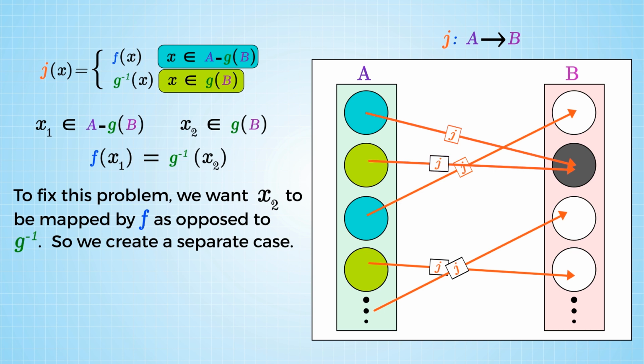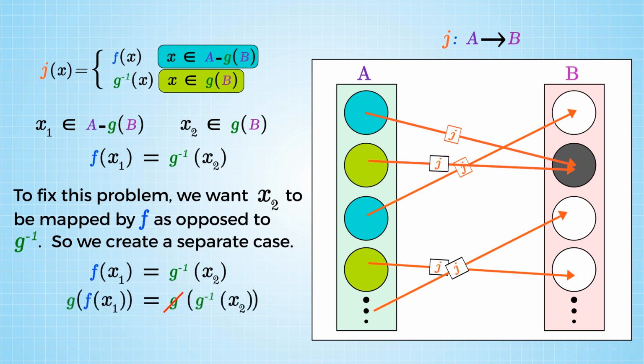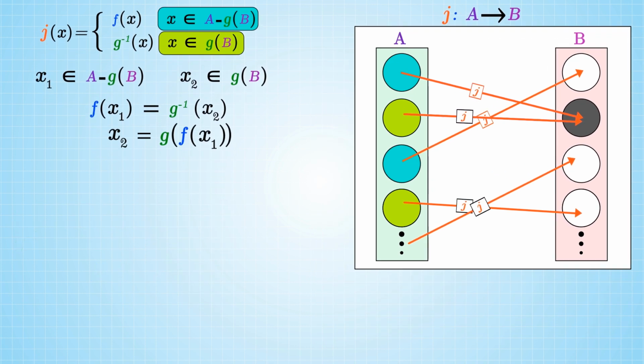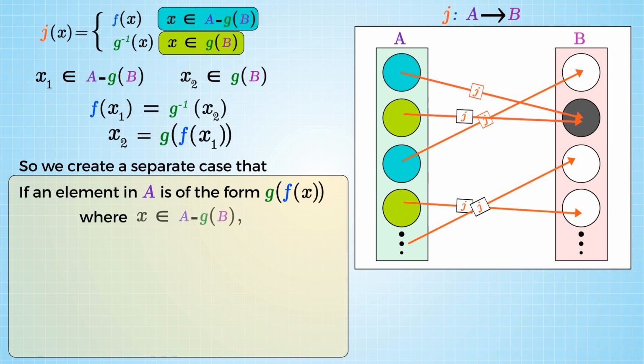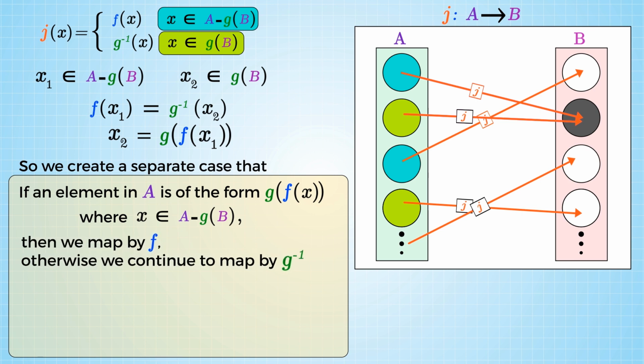So we create a separate case. Notice that F(x1) equals G inverse of x2 implies x2 equals G(F(x1)). So we can create the separate case that if an element in A is of the form G(F(x)), where x is in A minus G(B), then we map by F. Otherwise, we continue the map by G inverse.